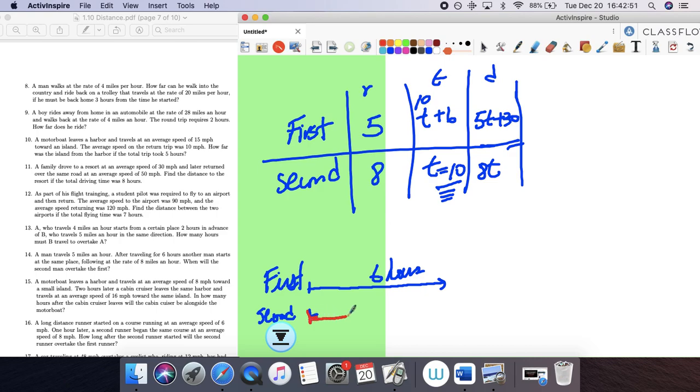I wish I could draw this with two, but the second guy's clock starts, and then the second guy catches up to the first. So time-wise, the first guy travels for 6 hours plus this extra time, and the second guy travels for that amount of time. Okay, let's see. Well, we got the answer for that one.